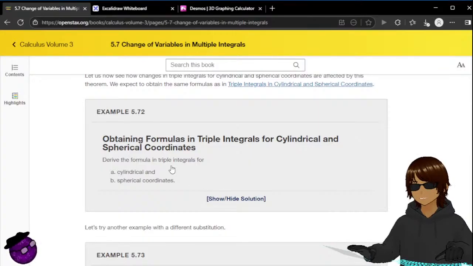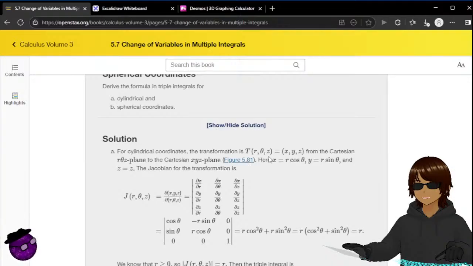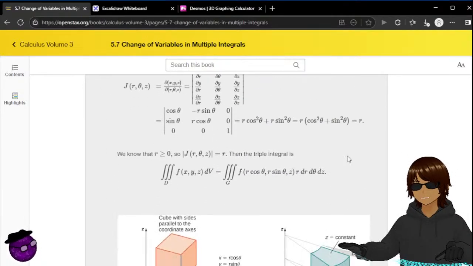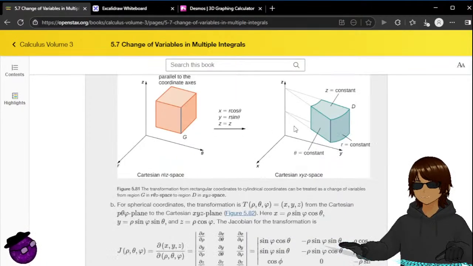Let me just read through this. For the cylindrical coordinates transformation, r, theta, z to Cartesian xyz, here x is equal to r cos theta, y is equal to r sin theta, and z is equal to z. The Jacobian for the transformation is this, and we are left with r dr d theta dz.